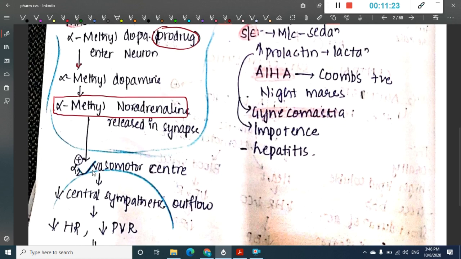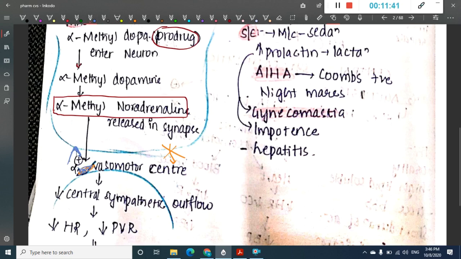Once this alpha 2 receptor is activated, it decreases the sympathetic outflow. Actually, this alpha 2 will not be here, this is wrongly labeled. This alpha 2 will be here like this in the presynaptic terminal.